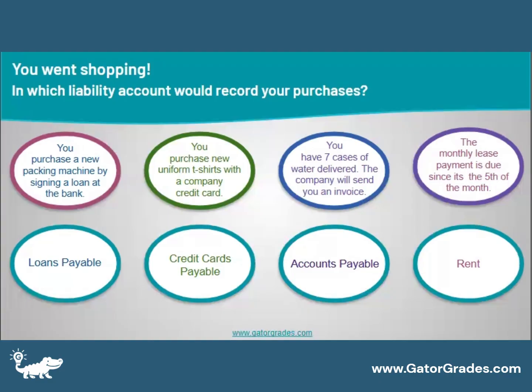In this example, your accounts payable account would increase. It's an amount that you agree to pay the water company. In the last example, the purple oval, the monthly lease payment is due. And since this is a rent obligation, your rent liability account would increase as it is an item you owe and will need to pay.